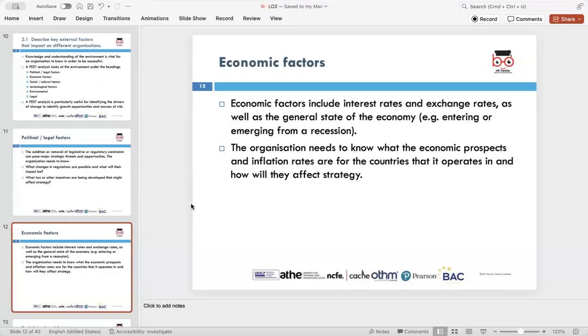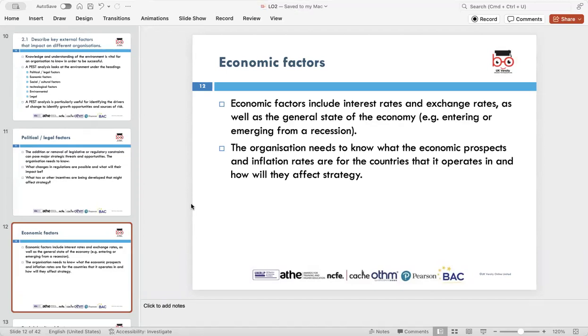Then, economic factors. A number of economic factors are taken into consideration, such as interest rates and currency rates, as well as the overall status of the economy, such as whether it is coming out of recession or entering one.